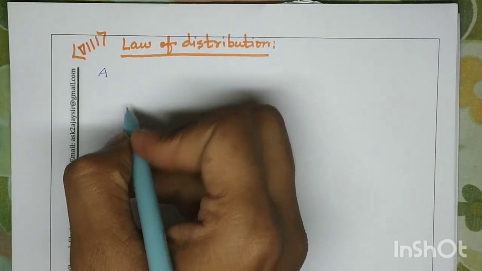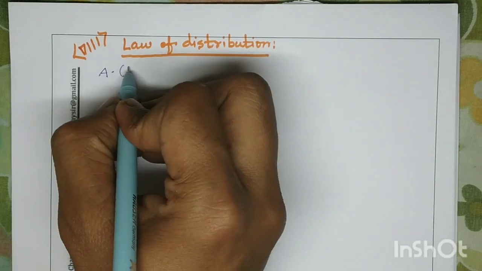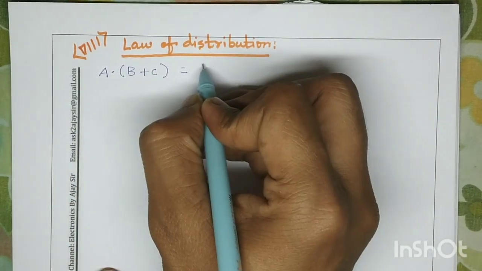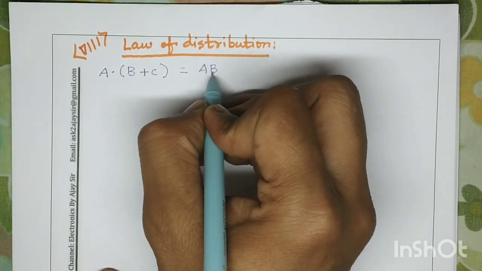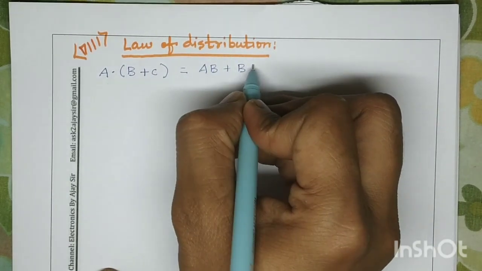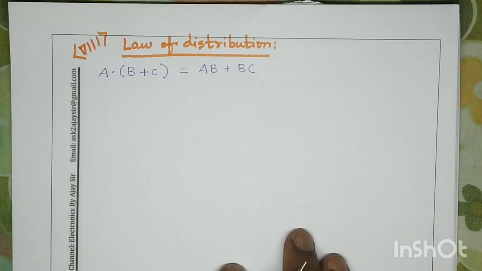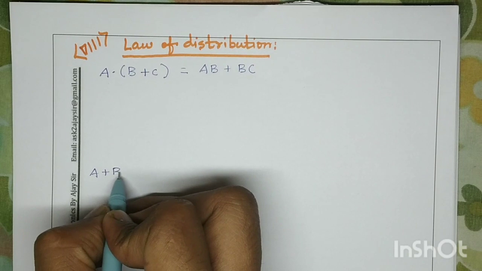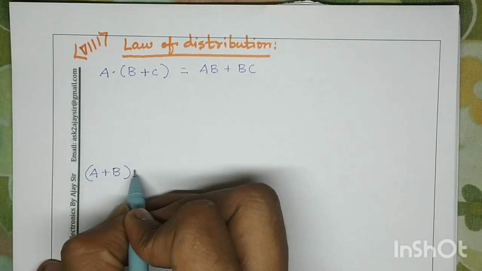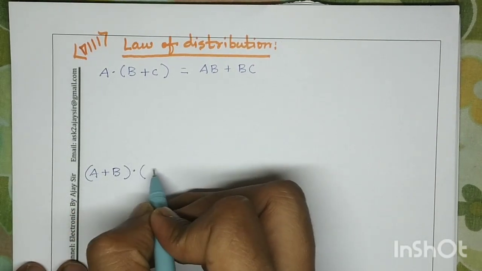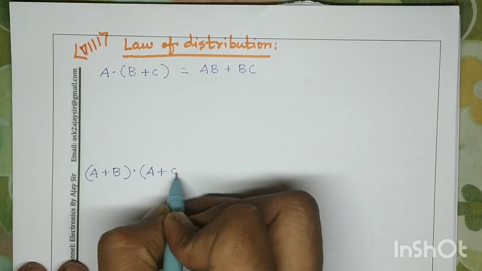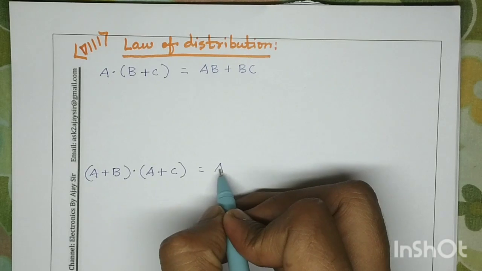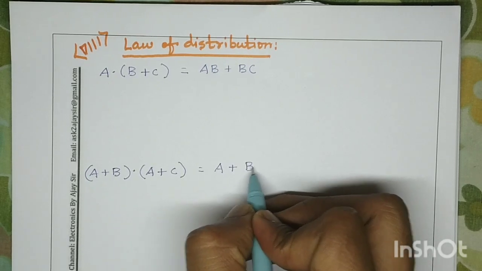One is a dot (b plus c) is equal to ab plus ac. The other law is (a plus b) dot (a plus c) is equal to a plus bc.